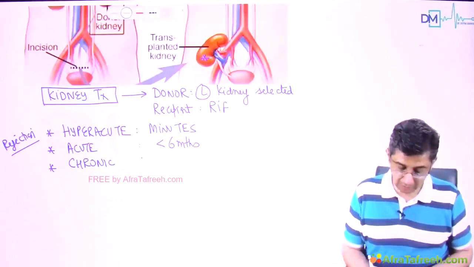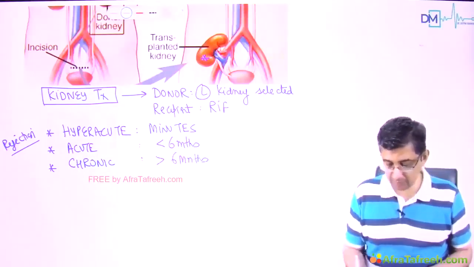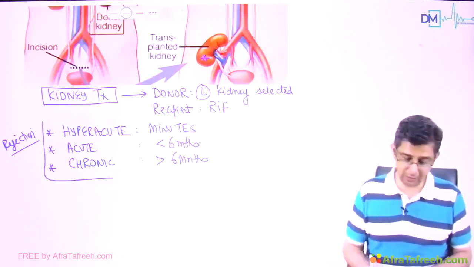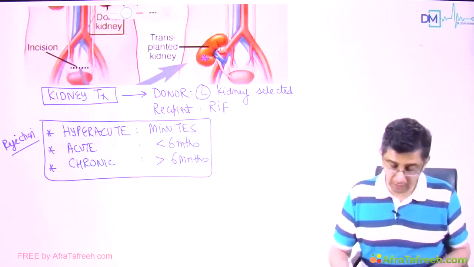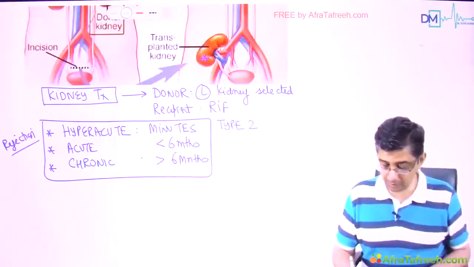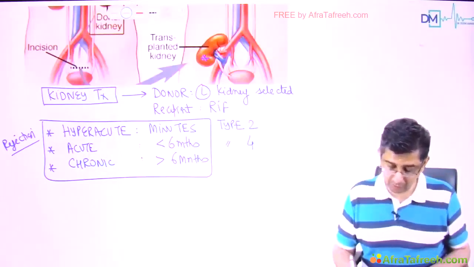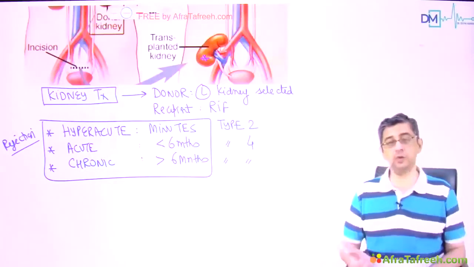So the rejection of the kidney is within minutes, then within the first 6 months, then after the 6 months of the patient. So there are 3 aspects to be remembered. Remember the fact that the hypersensitivity reaction of hyperacute kidney rejection is type 2 hypersensitivity, acute will be type 4 hypersensitivity, and chronic will also be type 4. So remember 244.